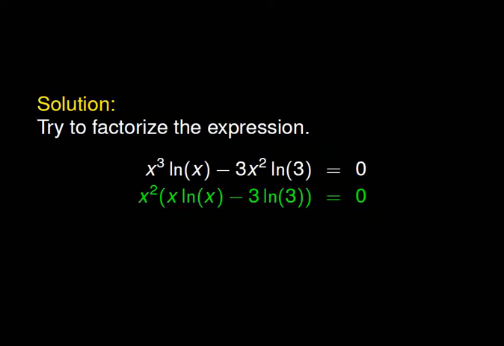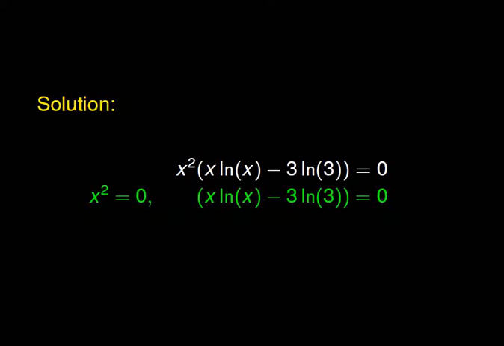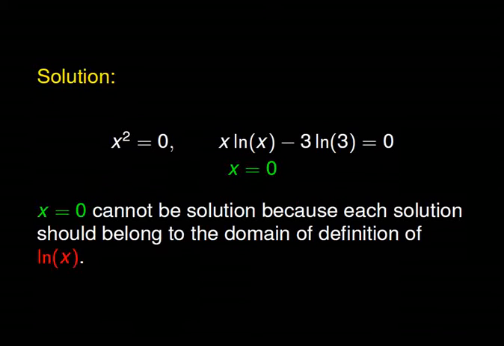Now given that we have a product of two quantities equal to 0, each of these quantities should be 0. So we end up with two equations: x squared equals 0, and x times log of x minus 3 times log of 3 equals 0. The first equation, x squared equals 0, leads to x equals 0.